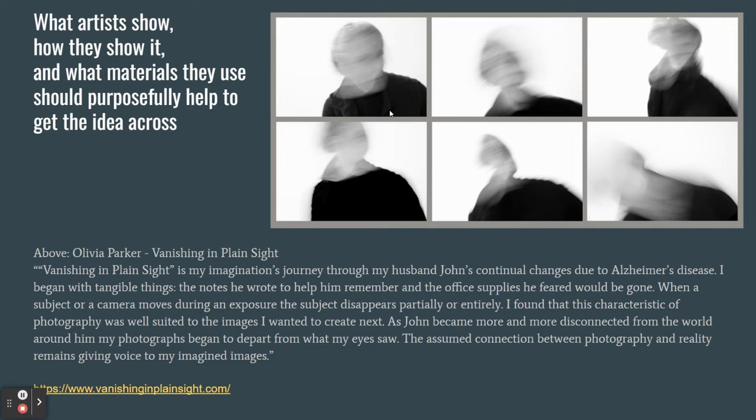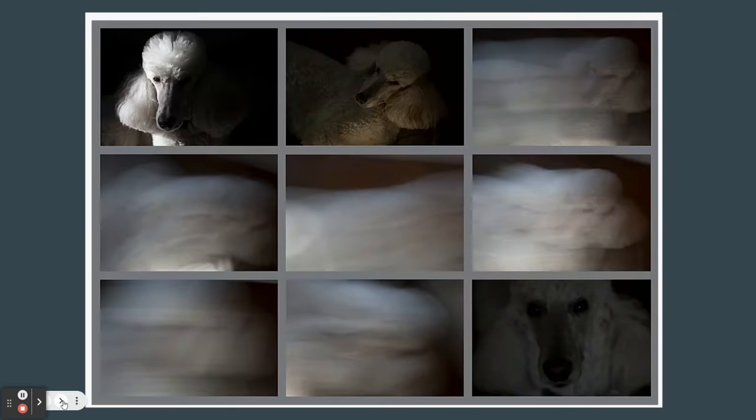We, the viewer, are now seeing her face, kind of not, trying to see what we can recognize, really struggling with it. And so all of these choices she made, including herself, the materials, and then how she shot it, the long shutter speed, the editing it black and white, helps get across that idea.